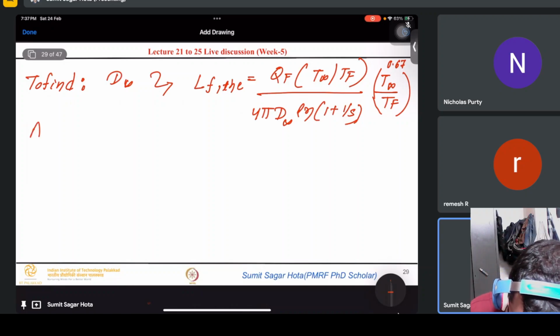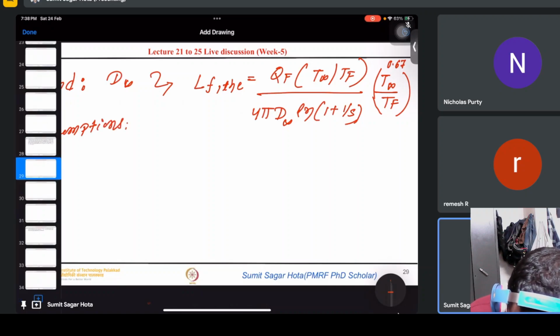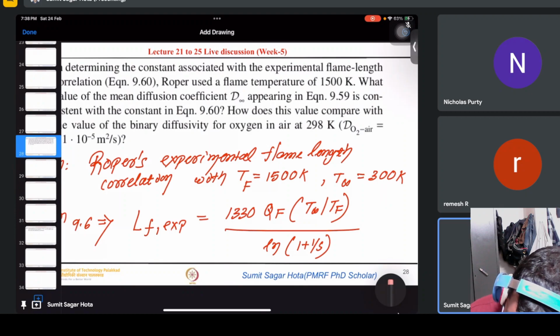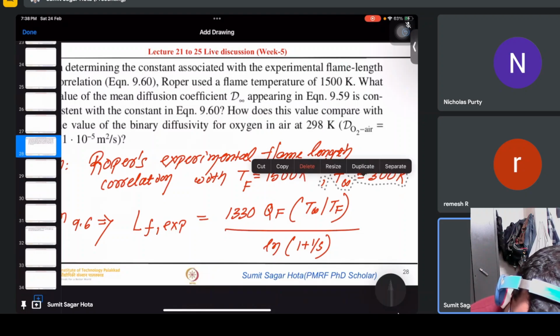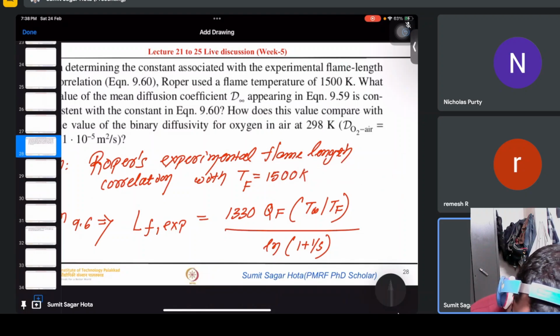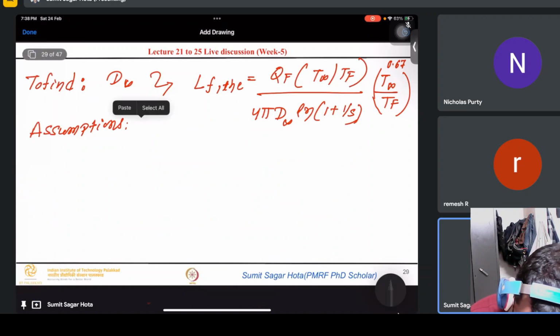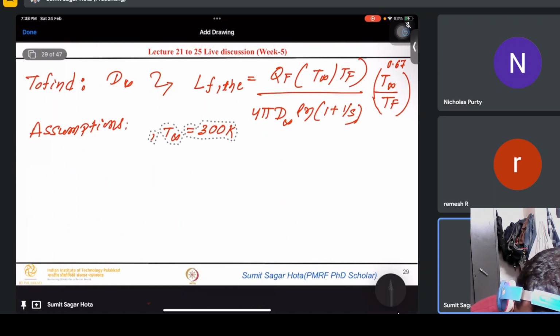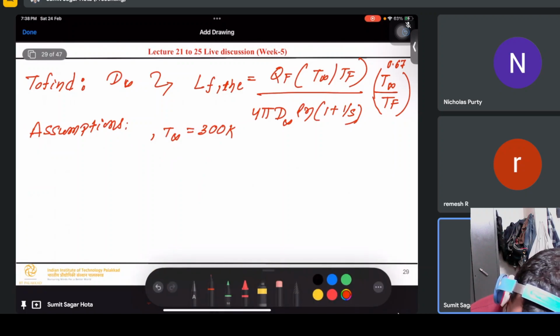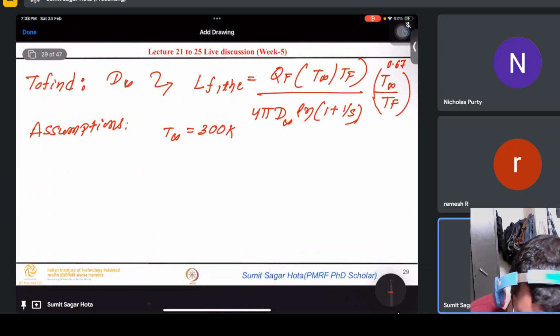What is the assumption? What are your assumptions given? First, second will be experimental and theoretical flame lengths are equal.